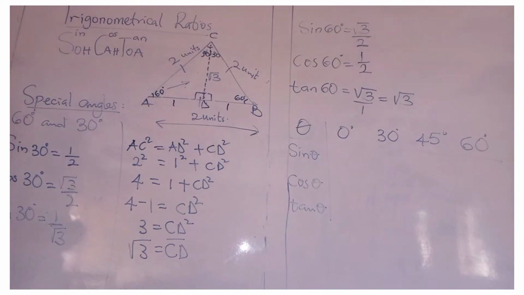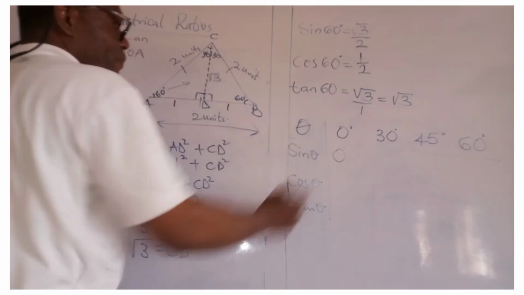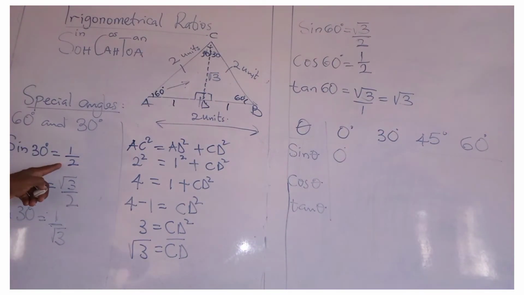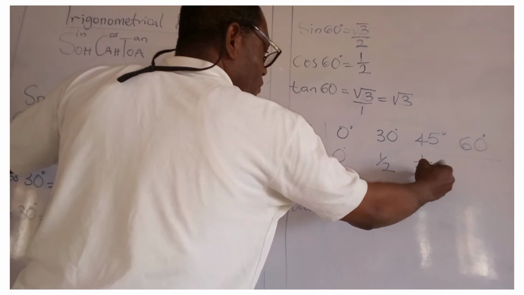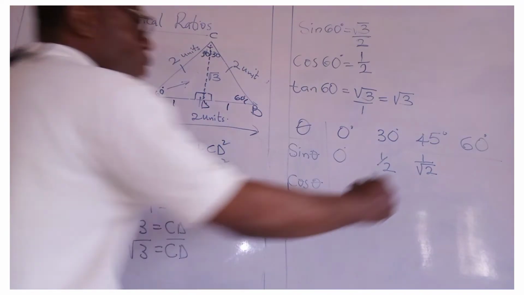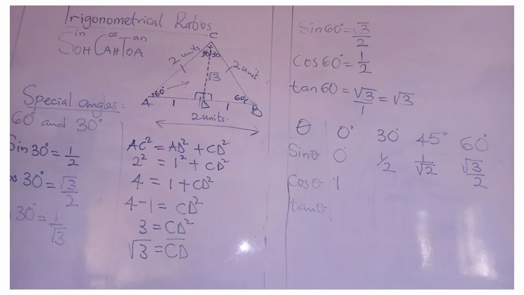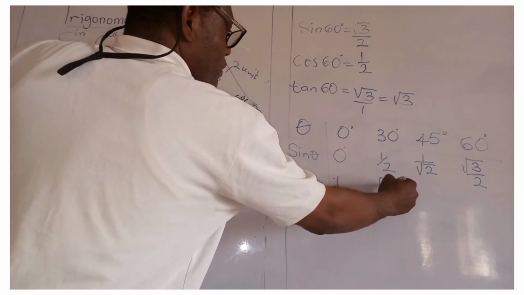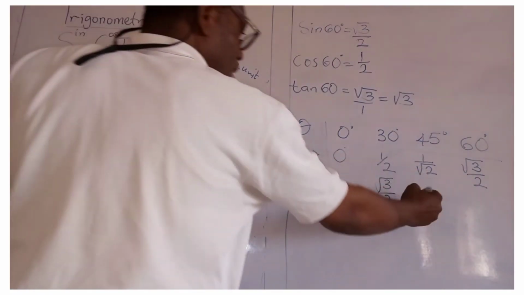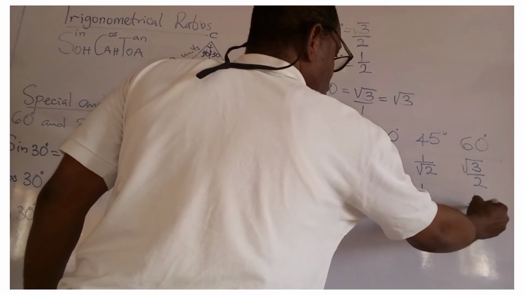So I'm going to recall that sine 0 is 0. Sine 30, we know that is half. Sine 45, I said in the last lesson we have 1 over square root of 2. Then sine 60, we have square root of 3 divided by 2. Then for cos, this is 1 over square root of 2. So finally, we get 1 over 2.